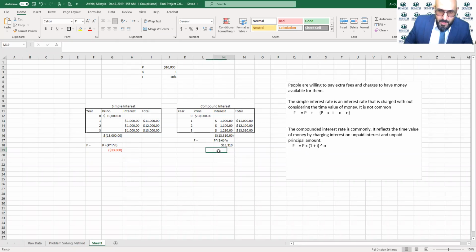Another way is a function called FV, for finding the future value, and we follow the parameters for this function. The rate would be 10%, and then 3, and there's no payment, so we skip that and add another comma here, and the present value would be the 10,000, the principal. You close the parentheses, and that would be 13,310, and it's negative because we have to pay it back. The same thing, we have to add a negative here for this answer.